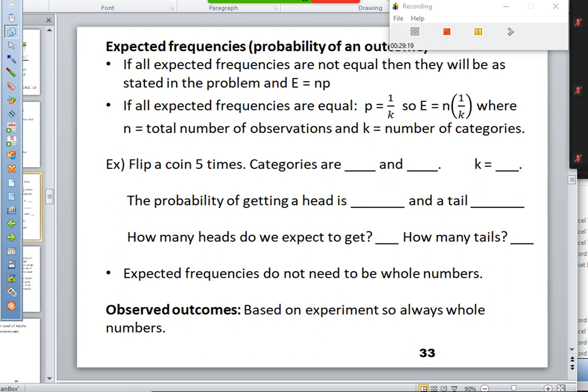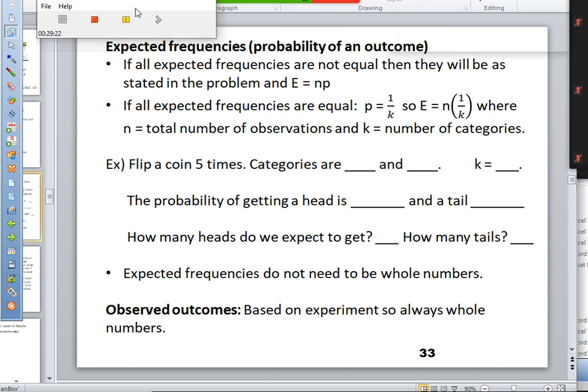Okay. So let's take a look at this one here. So again, remember, our observed, we just give them to you. You just write them down. It's what they observe, what you got from your sample. The expected, the E's, are the ones you calculate.